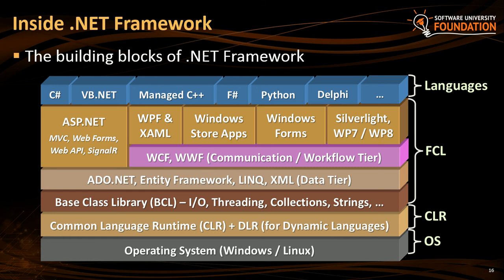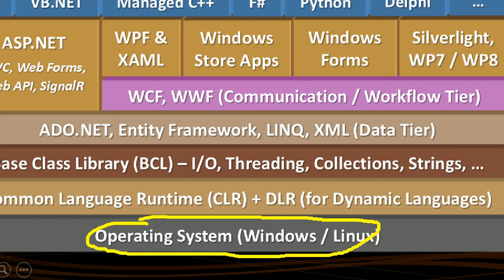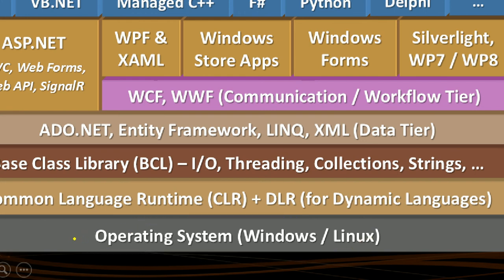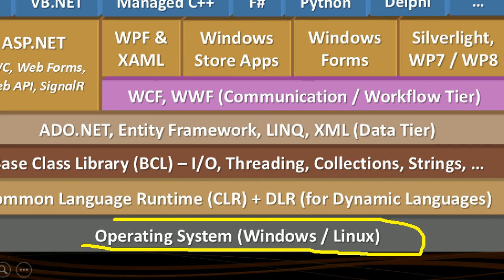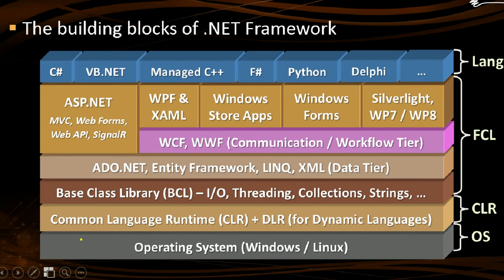There are lots of building blocks. I will be very fast here. Operating system is something that hosts the programs in your computer. For example, it can be Windows, Linux, or Android, or different. Android is kind of Linux, in fact. Mostly they are Windows and Linux, and some kinds of Unixes. CLR runs the .NET programs.